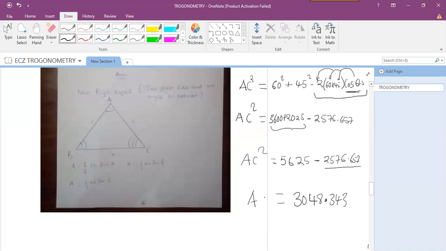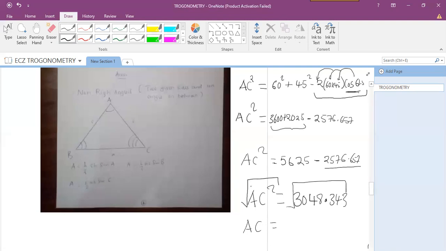All right. So AC squared. To make AC the subject of the formula, we're going to square root both sides such that AC will be left alone. So just say square root on your calculator and equal to. It will square root the answer. 55.2.